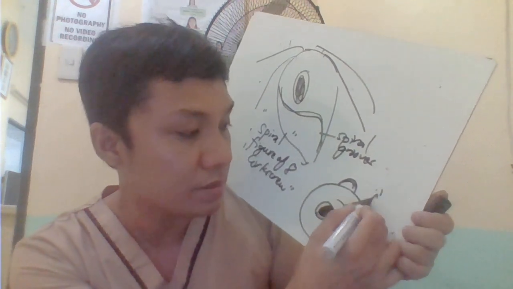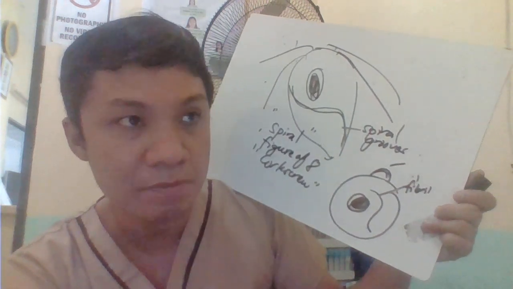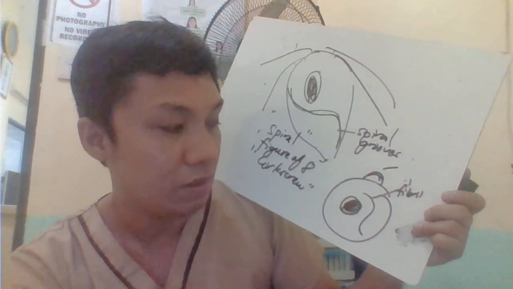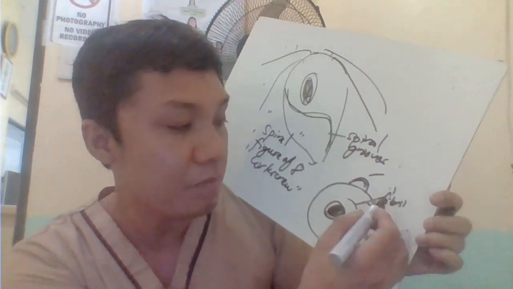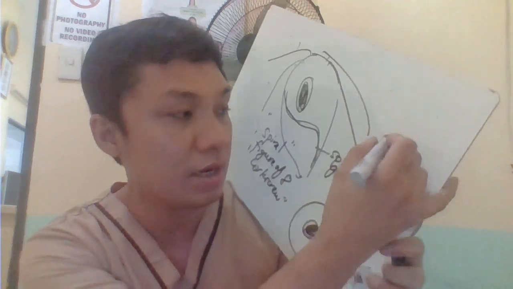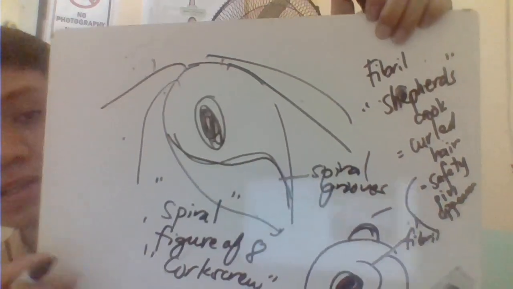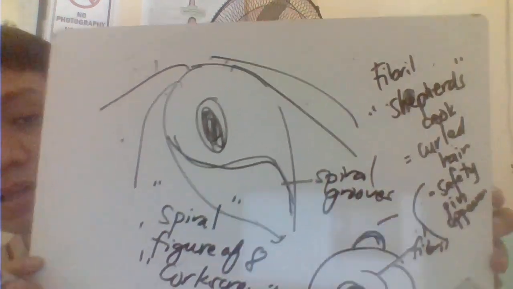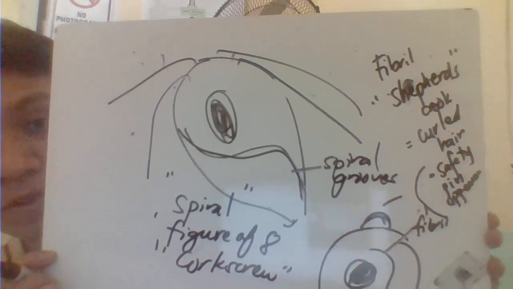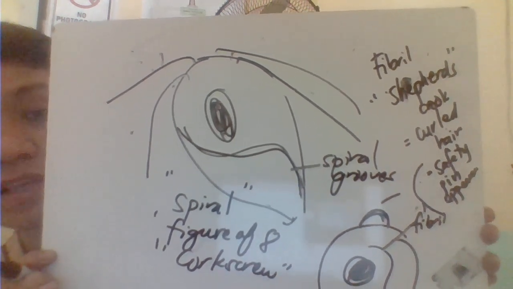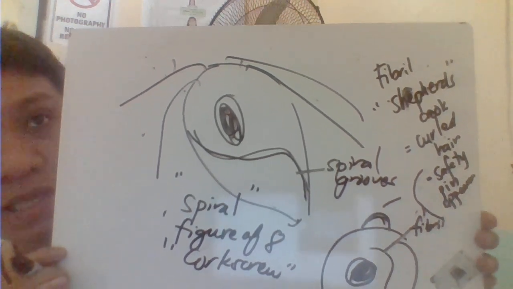So ito tinatawag natin lemon-shaped cyst in Chilomastix mesnili. The fibrils pwede siyang assume the following: shepherd's crook, curled hair, or the safety pin appearance. This is our lemon-shaped cyst.